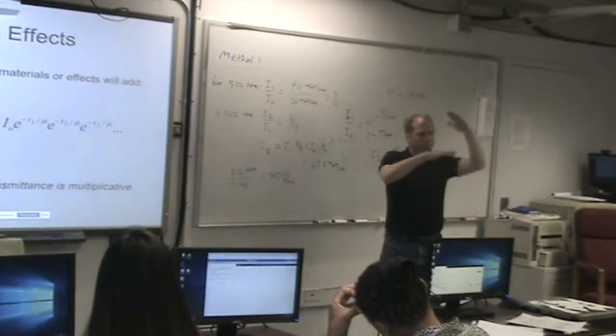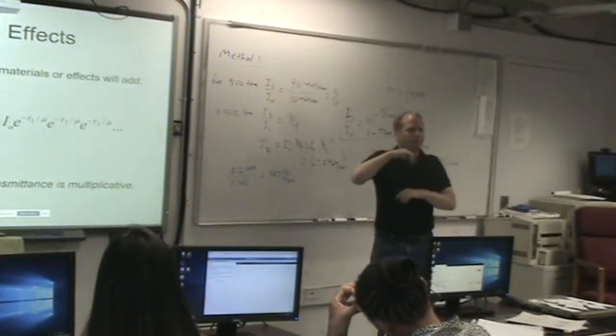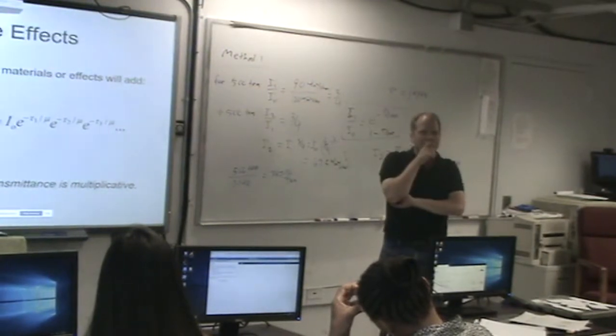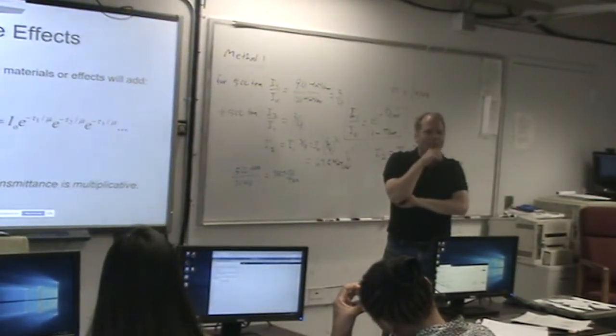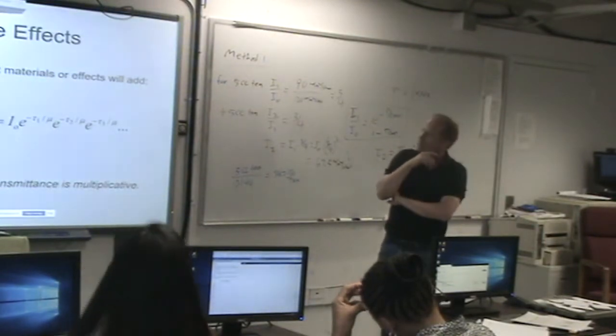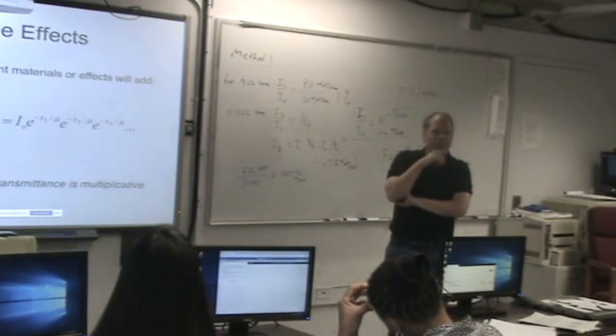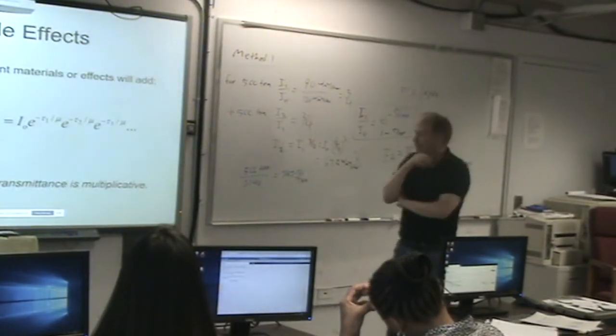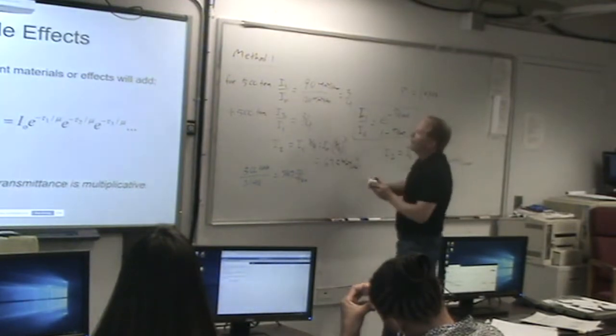So you just multiply as you add up the optical depths. Makes sense? Some of you are nodding your heads, some of you are not sure. Do you need another example of that? Let's do a quick example.